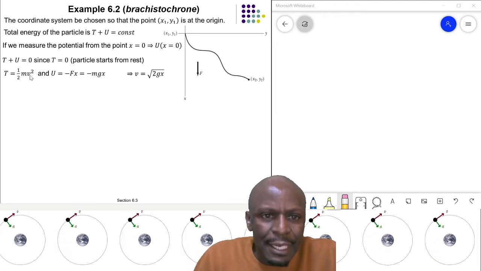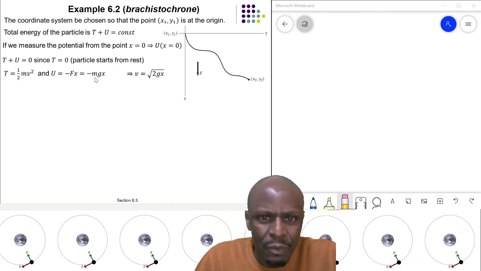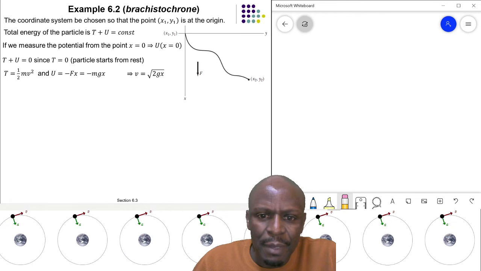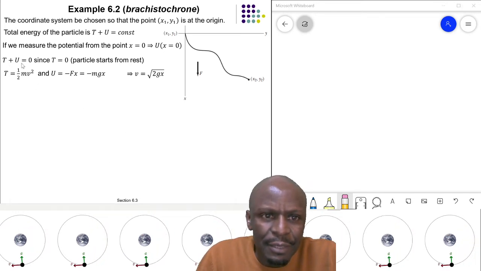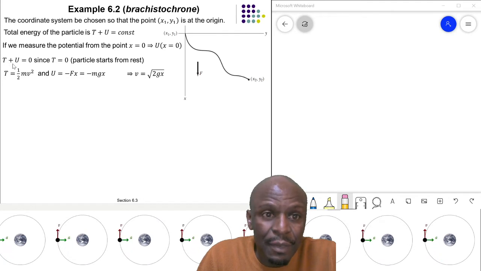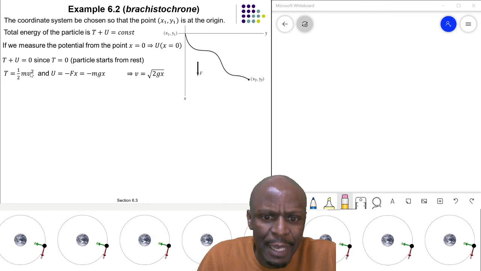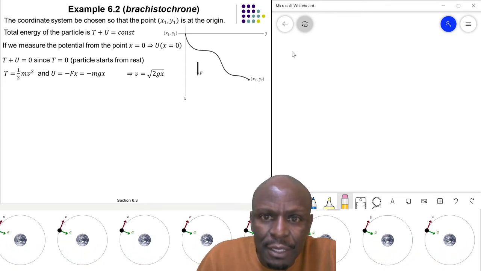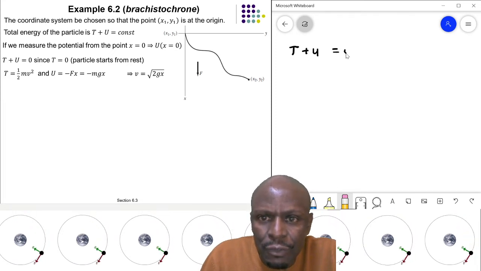Now the kinetic energy is given by this equation and the potential energy by this equation. Therefore the velocity must be given by that. Why? Because remember the total energy of the particle: we substitute T plus U equals 0.